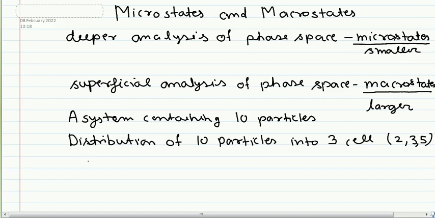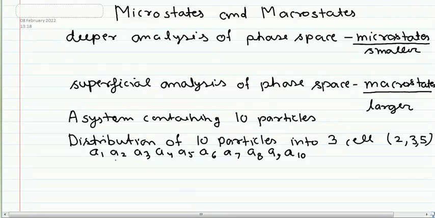Meaning in one cell we will have 2 particles, in another cell we will have 3 particles, and in another cell we will have 5 particles: 2, 3, 5. And let us say the particles are A1, A2, A3, A4, A5, A6, A7, A8, A9 and A10. So these are the particles A1 to A10, and we have to distribute them into 3 cells.